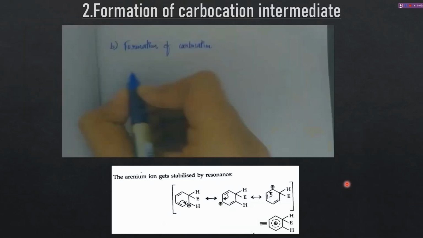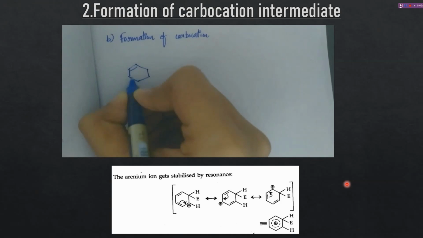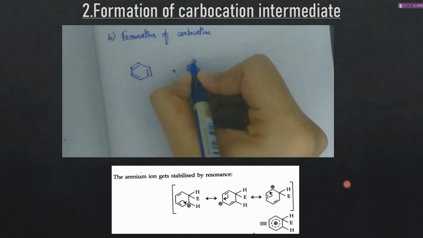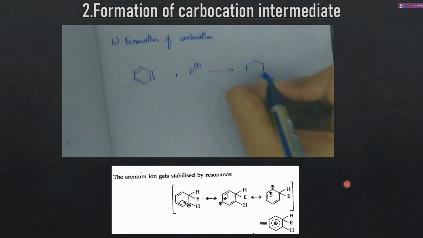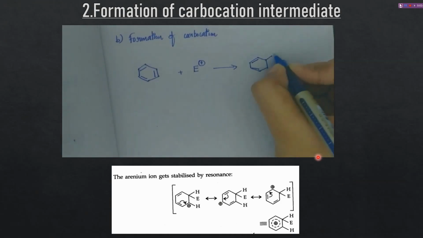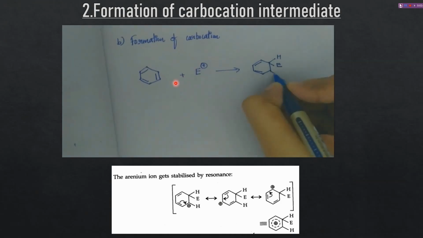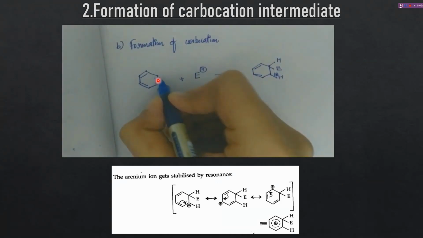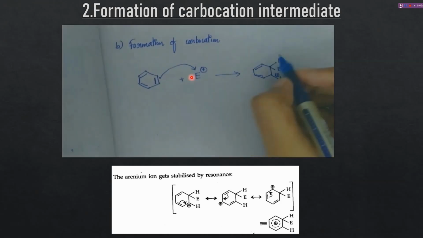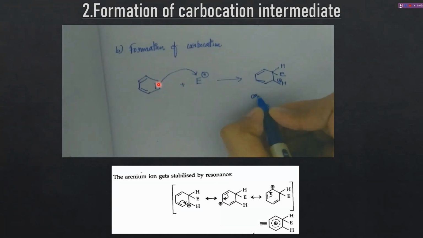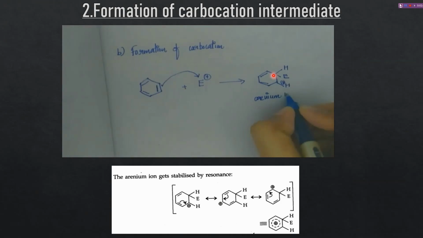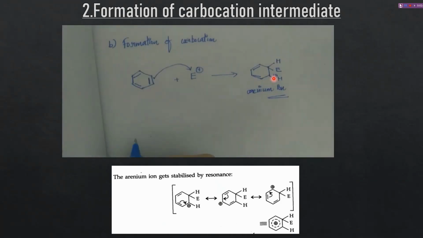The second step is formation of carbocation intermediate. Here the electrophile which is generated is attacking the benzene ring. You can see this bond breaks and to this carbon the electrophile is attached, and hence the valence is not completed.